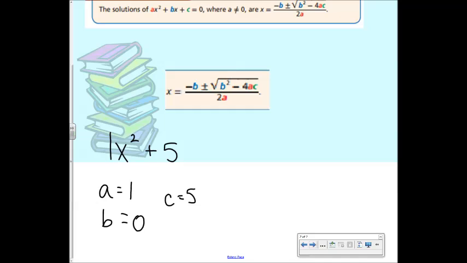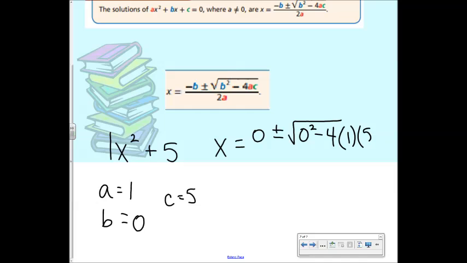So x equals negative b, which in this case would be what? 0. Do we put negative 0? No, it's just 0. 0 plus or minus square root, what's b again? 0 squared minus 4 times what's a? 1 times what's c? 5.